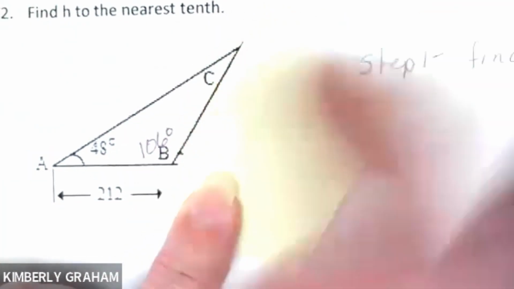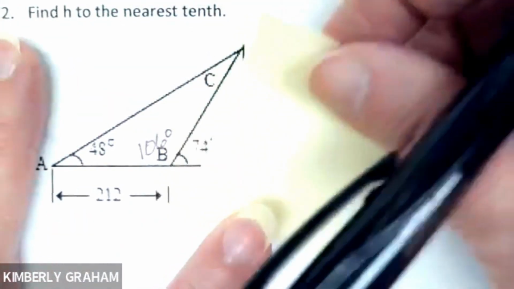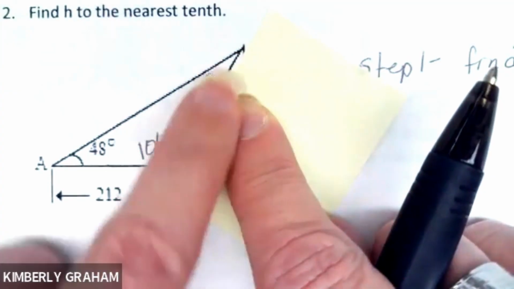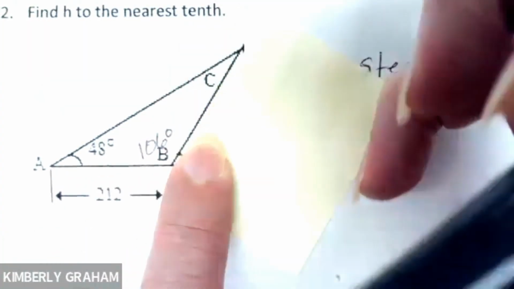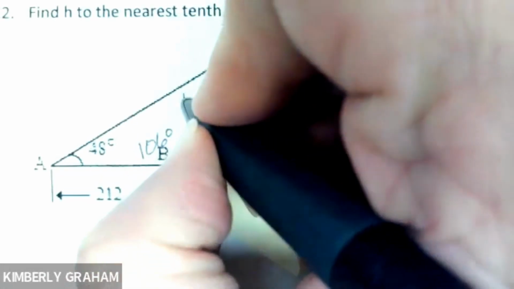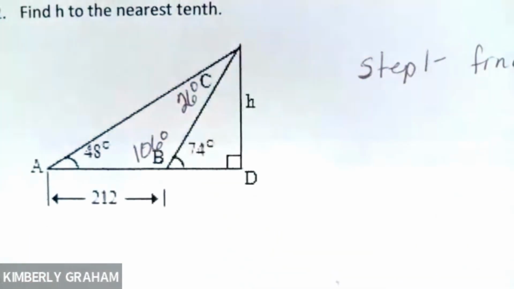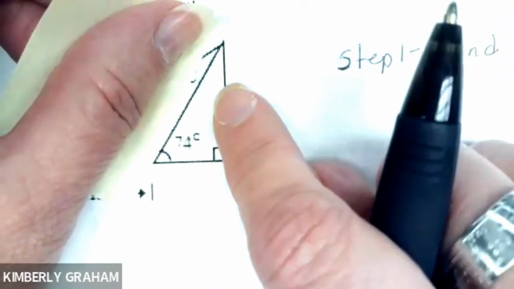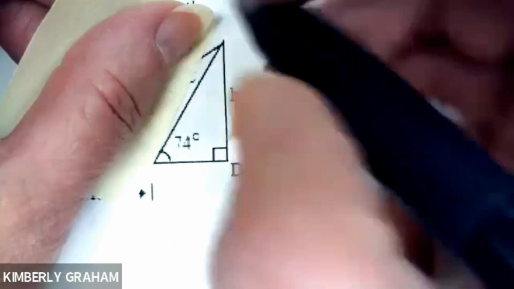I've got this triangle here, this oblique triangle, with its obtuse angle. I would take 180 minus 106 minus 48 to figure out this angle in here. This angle is going to be 26 degrees. I have a right triangle here. These angles are complementary, so I could do 90 minus 74 to figure out this angle.